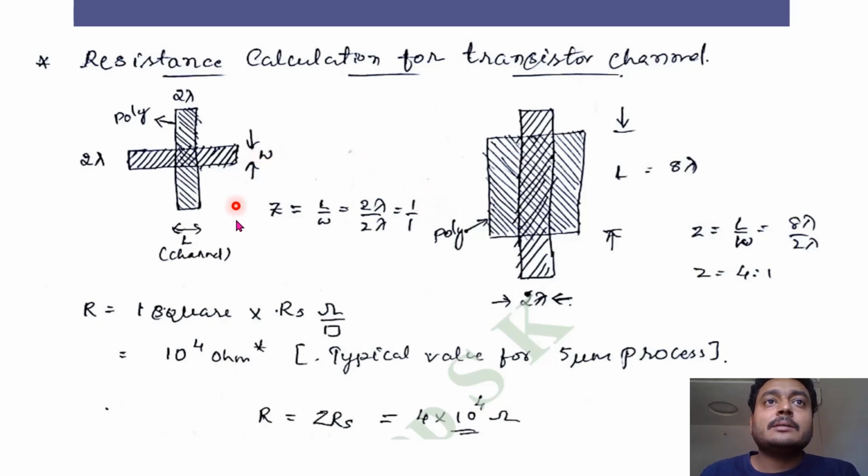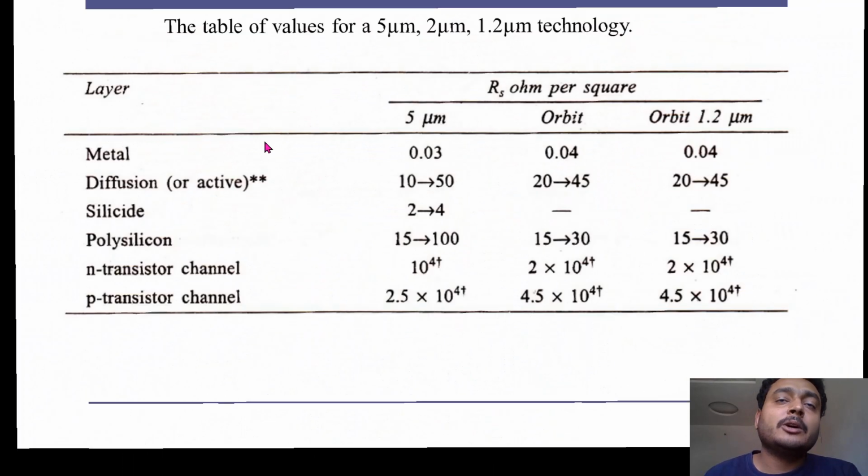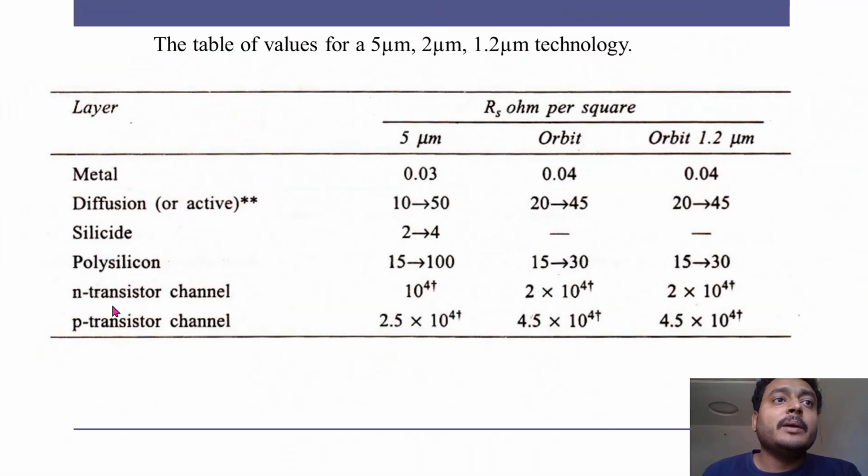So for this particular case, what will be the resistance? Let's take the 5 micrometer process. What will be the n transistor channel resistance? That is 10 to the power of 4 ohms per square.